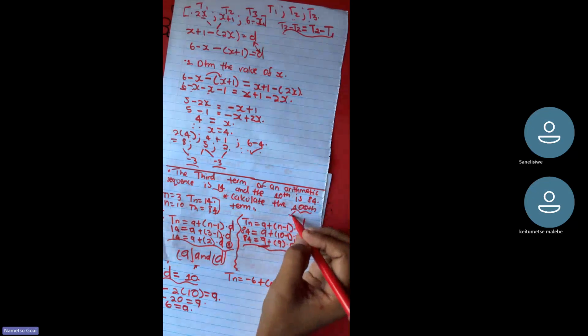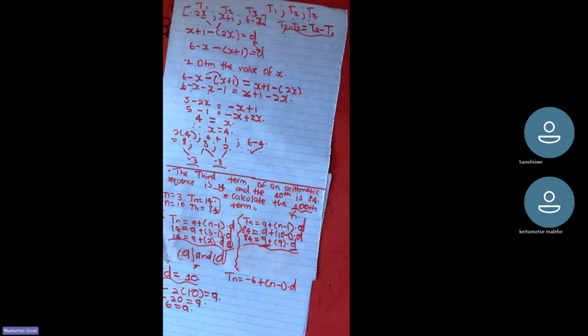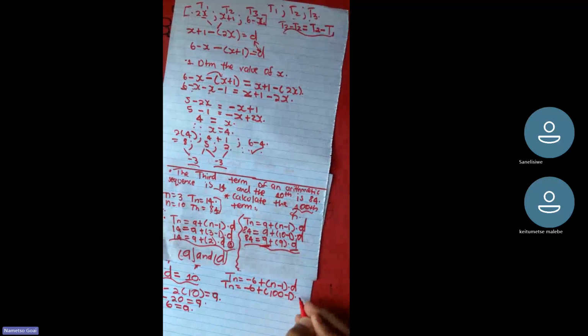They just gave us the position, which is just the n. So we can substitute it over here because we now have all these values, right? So Tn equals minus 6 that we just calculated, plus what is our n? 100 minus 1 multiplied by, what is our d? 10.